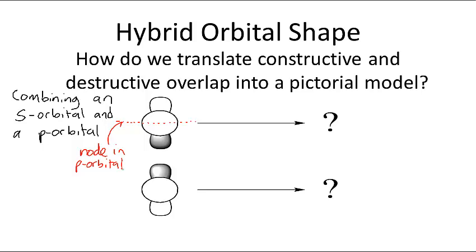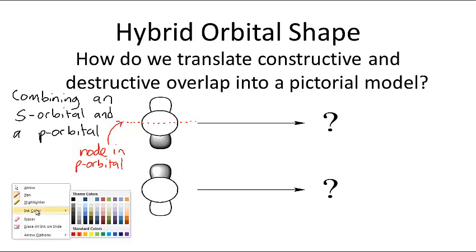So above that line, both of my orbitals are unshaded. So they both have the same sign. So when I put them together this way, what's going to happen to the orbital in that region above the dotted line? It's going to get bigger. Below the line, one of them is shaded, one of them is unshaded. What happens when I combine them there, out of phase? It's going to get smaller. So above the line, we have in-phase overlap.